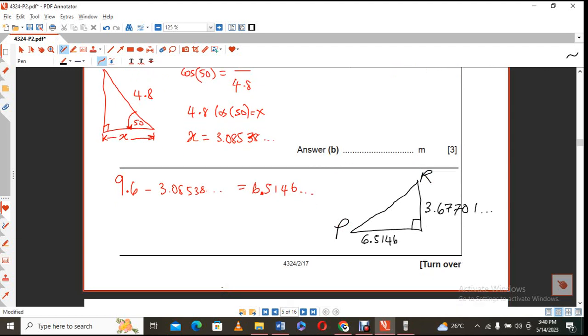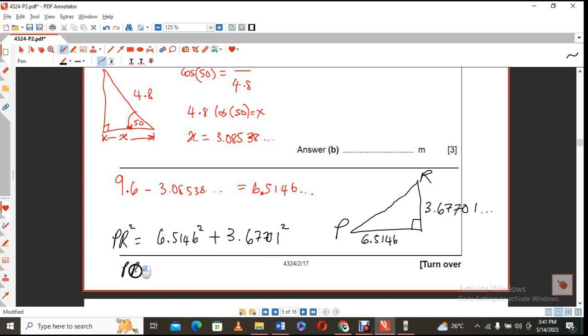So I'll just write it underneath here because I don't have space. So PR squared is equal to 6.5146 squared plus 3.67701 squared.